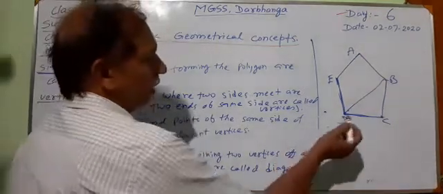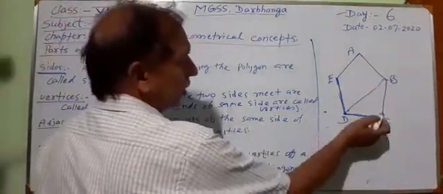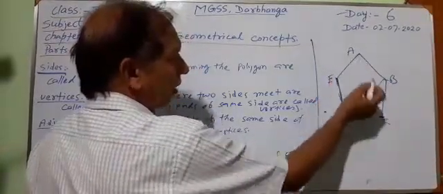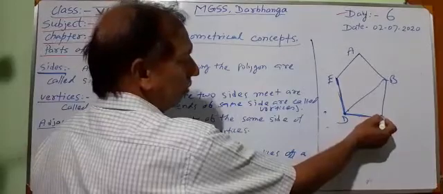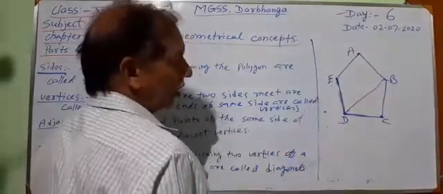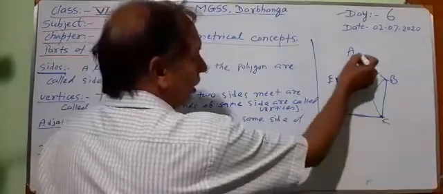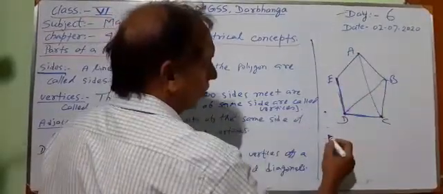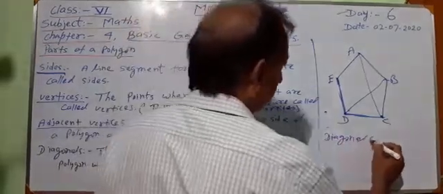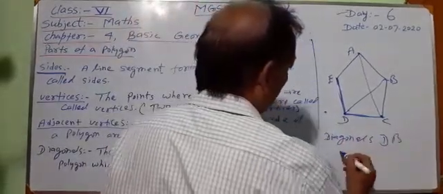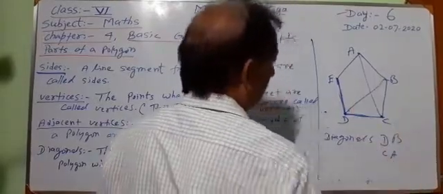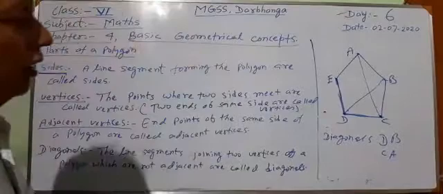Now, C and B are adjacent. C and A are not adjacent. Vertex C and vertex A are both not adjacent. So join them. Now the diagonals are DB and another diagonal CA. Why is CA a diagonal?